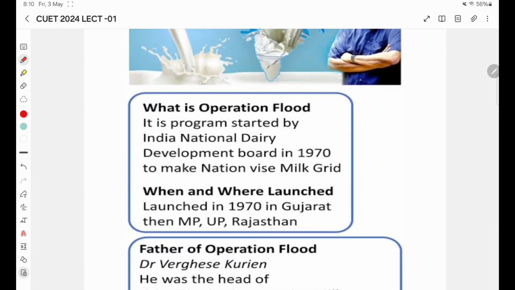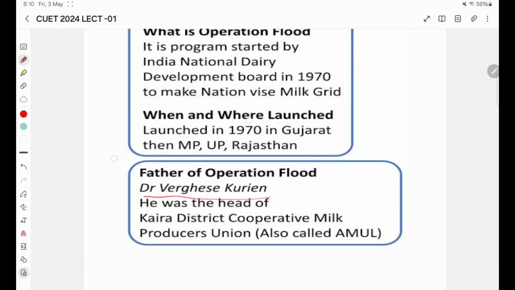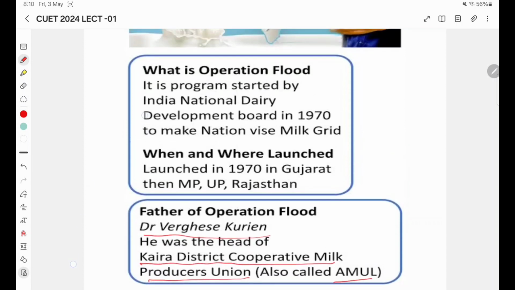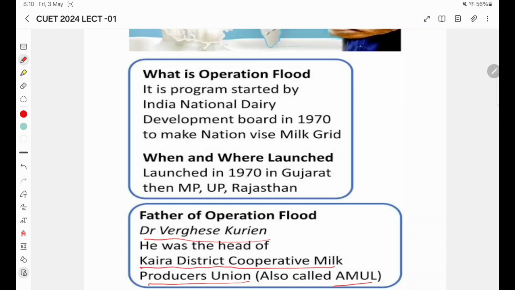The father of the milk revolution, as you know, was Dr. Verghese Kurian, and during that time period he was the head of the Kaira District Cooperative Milk Producers Union, also called Amul right now, and it was launched in 1970 in Gujarat, MP, UP, and Rajasthan.